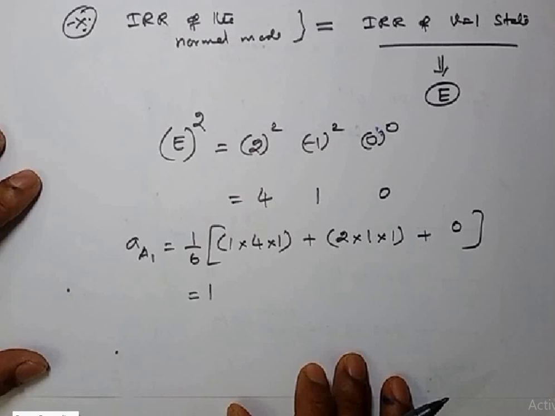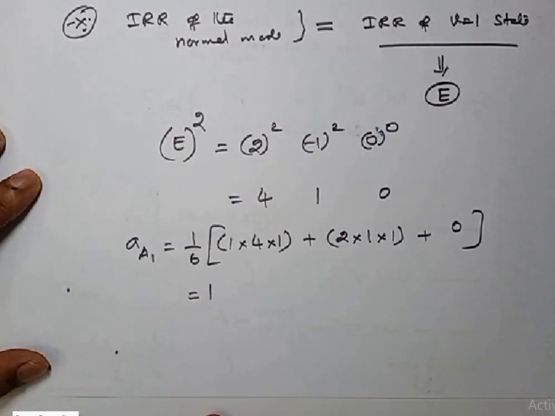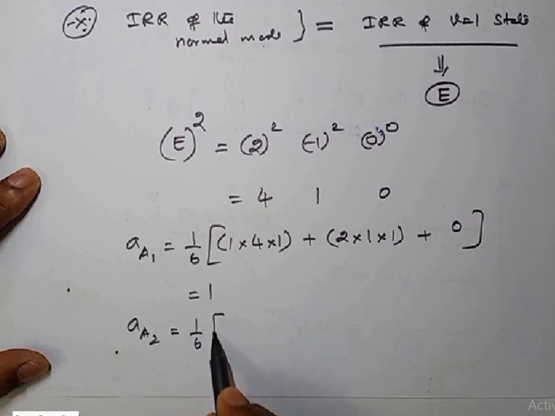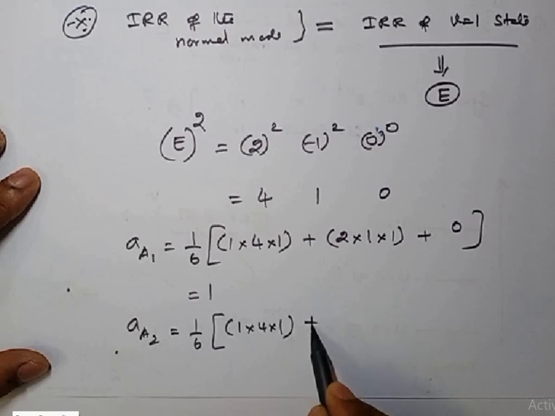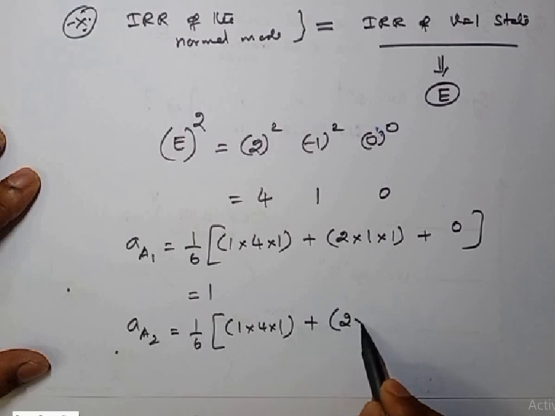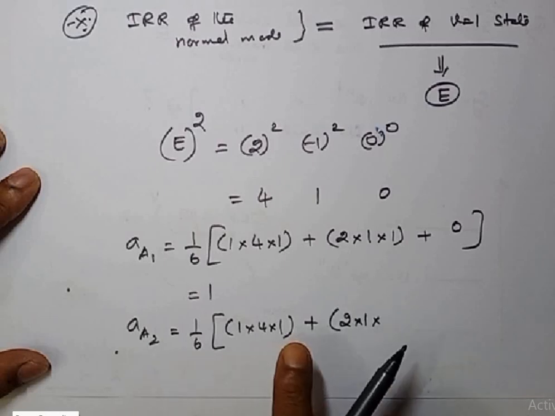Then you find out A2. 1 by 6, 1 into 4 into 1, plus 2 into 1 into the character along A2 for the second class.